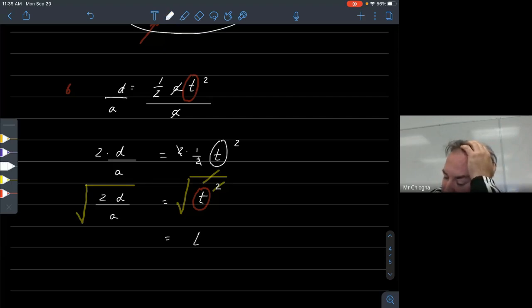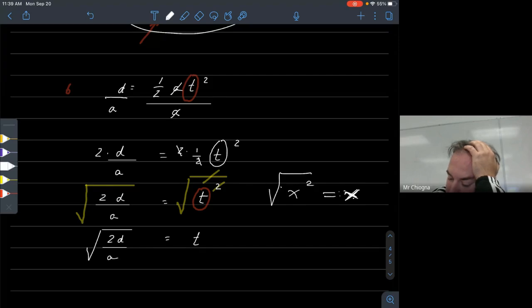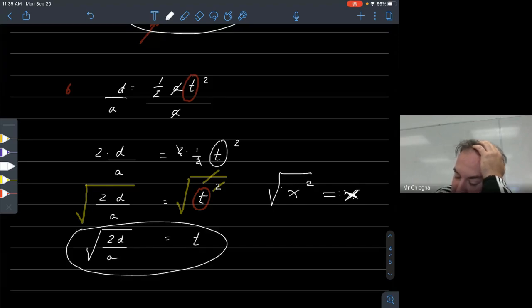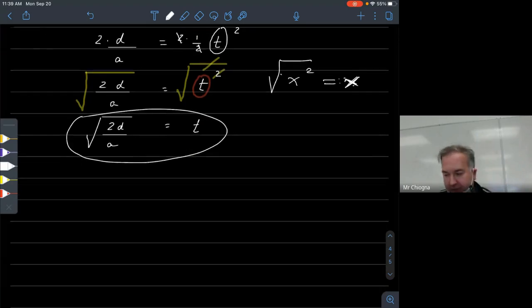It's the opposite of squaring the T. If I had an x squared, if I took the square root, that just equals x. Same idea. That's your equation. You use that quite often too.